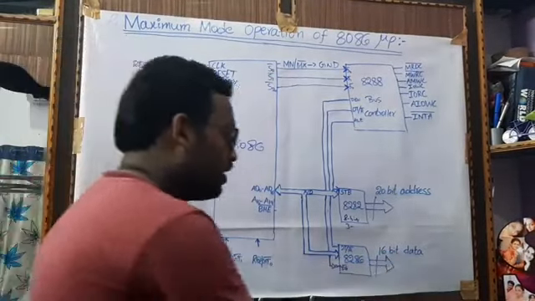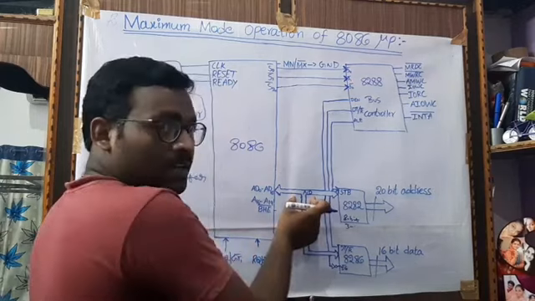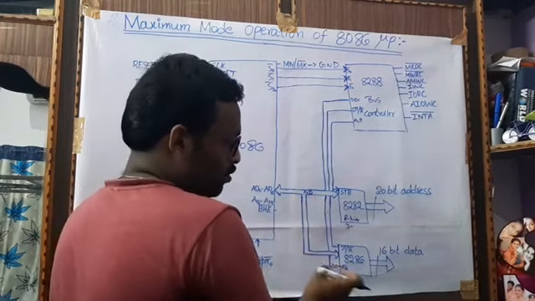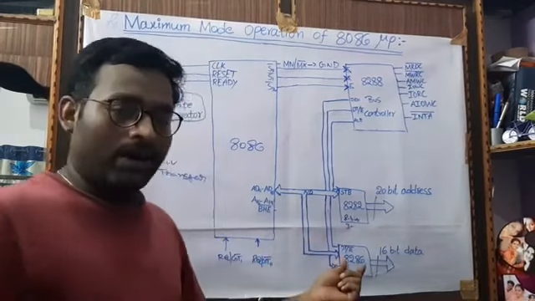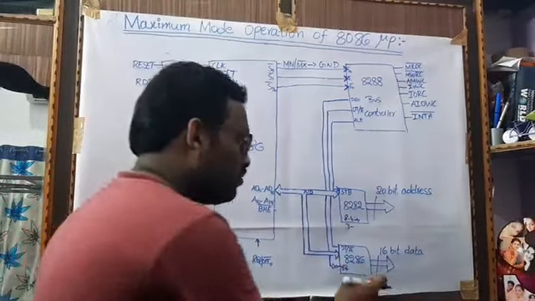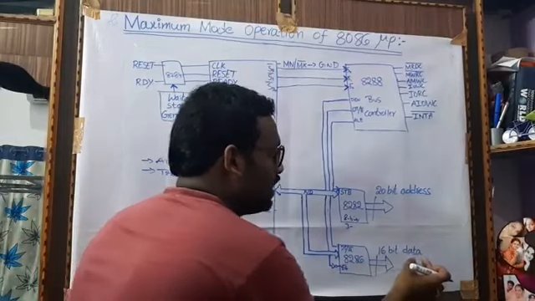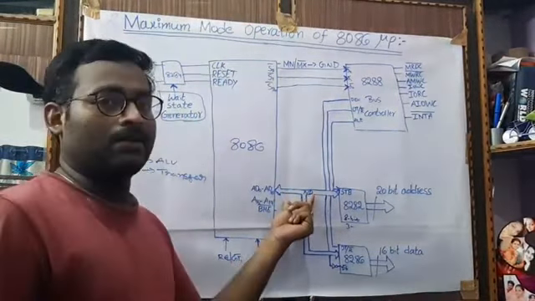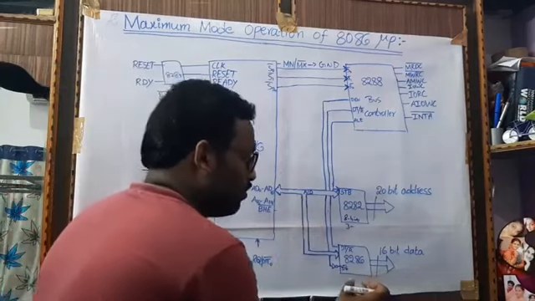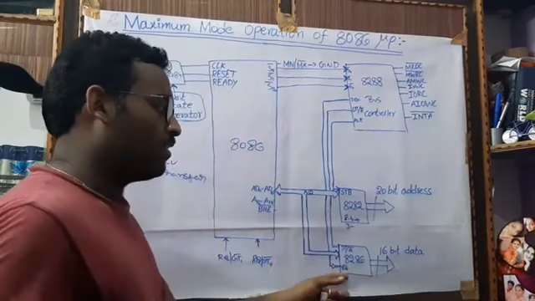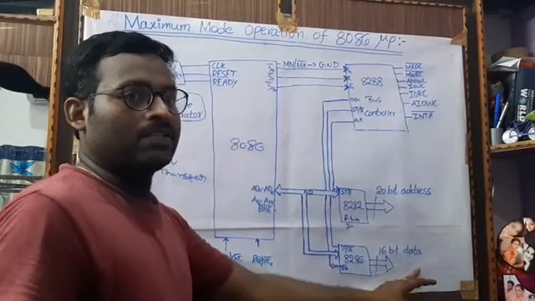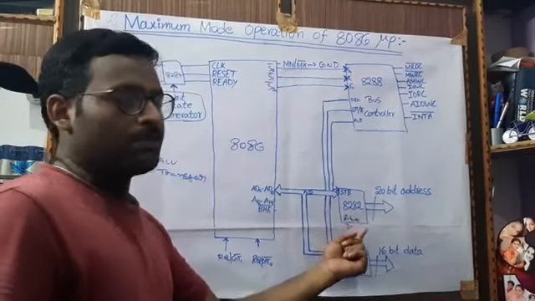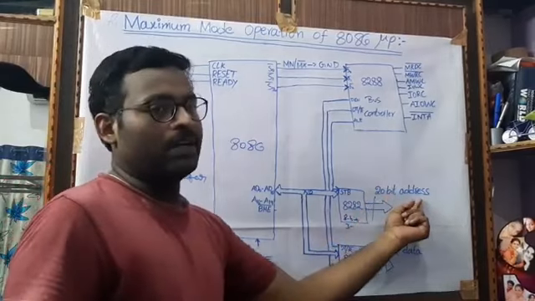From this address and data bus, we give the data to the 8286 transceiver. This will generate 16-bit data from the address and data bus. So this is the purpose of the 8286, which is responsible for generating 16-bit data, while the 8282 is responsible for generating the 20-bit address.